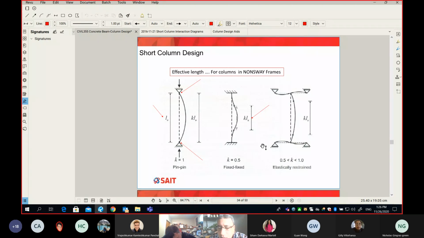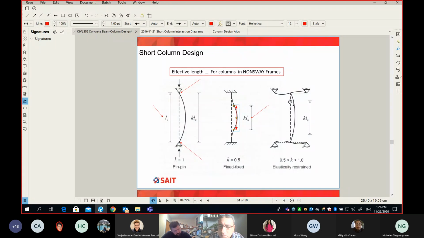Now, I'm going to give you a more complicated question. To be honest, both of these states are purely theoretical, meaning making a joint a pure hinge that rotates completely freely, or making it 100% fixed. The one that is more realistic is the one on the right side.